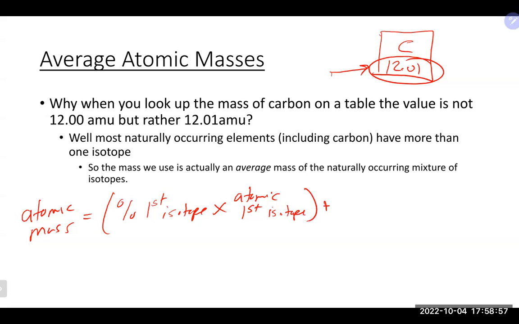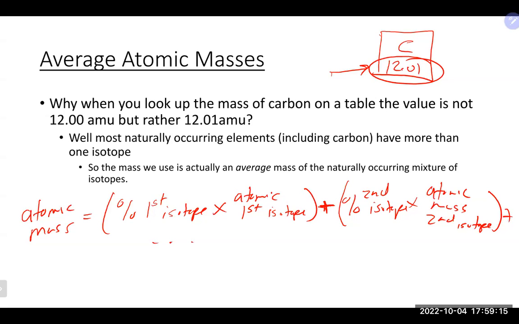We then add it, not multiply or anything like that, but actually add it to the percent of the second isotope times the atomic mass of the second isotope. And if there happens to be a third one, you just continue that pattern.